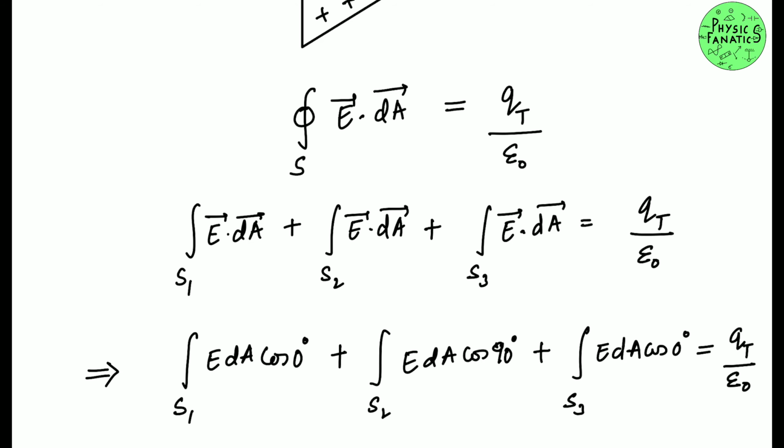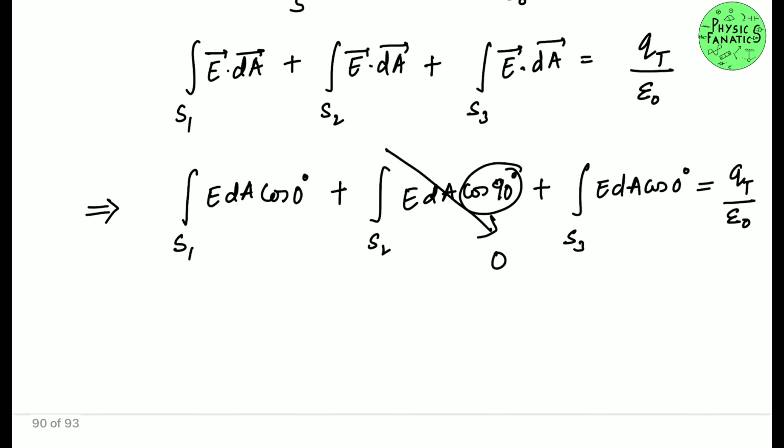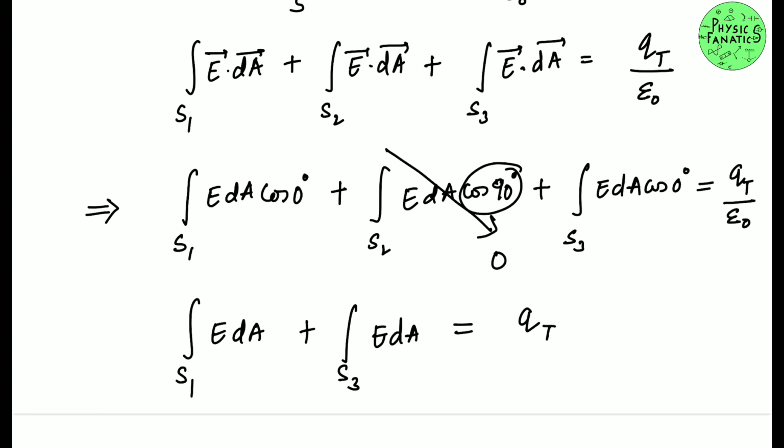Very nicely, the middle term will be 0 because cos 90 is 0. I'm only left with S1 E dA plus S3 E dA, and that equals Q total upon epsilon naught.